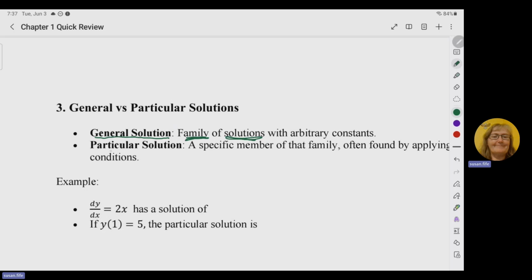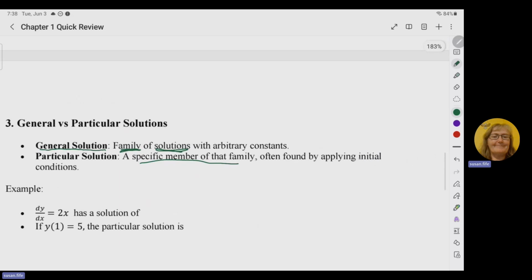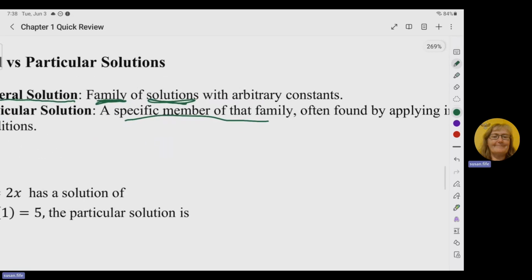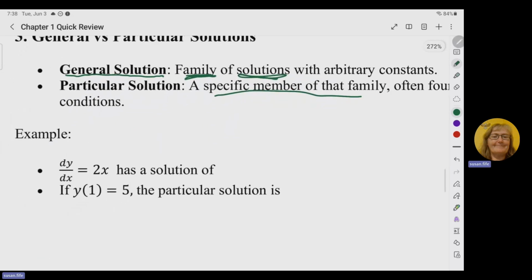The particular solution you can solve for if you're given initial values or boundary values. So it's a specific member of this family of solutions that's found by applying initial conditions or other conditions that you're given. So for example, here I have a differential equation. The derivative of y with respect to x is 2x. I'm going to rewrite that.